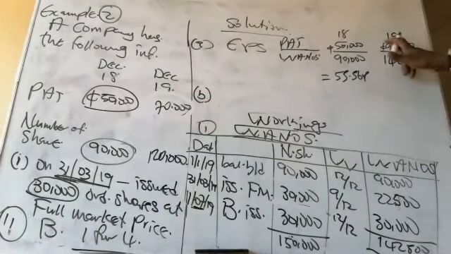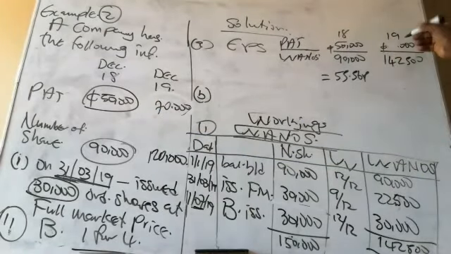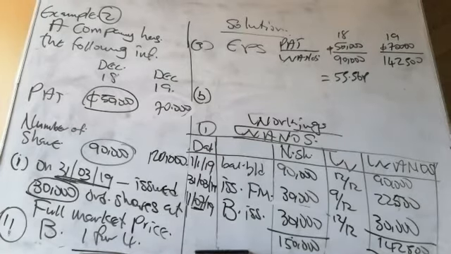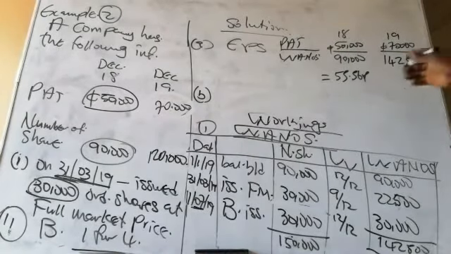So here earnings, profit after taxes was 70,000. It doesn't matter which amount is stated there, but I want to illustrate something to you. So 70,000 divided by 142,500. So 70 divided by 142.5. That's 49.12.